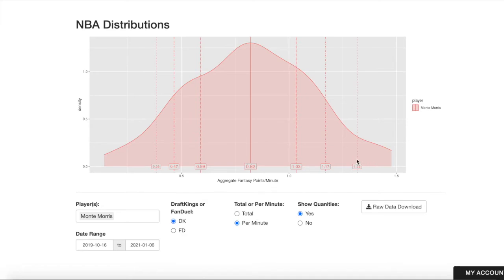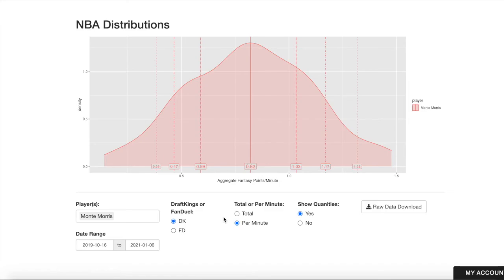But short of him receiving 30 minutes as opposed to 20, there are a few routes to, let's say, Monte Morris in 20 minutes putting up, I don't know, 30 fantasy points, right? He would need to achieve an efficiency of like 1.5 fantasy points per minute, which seems to be outside of his range of outcomes.